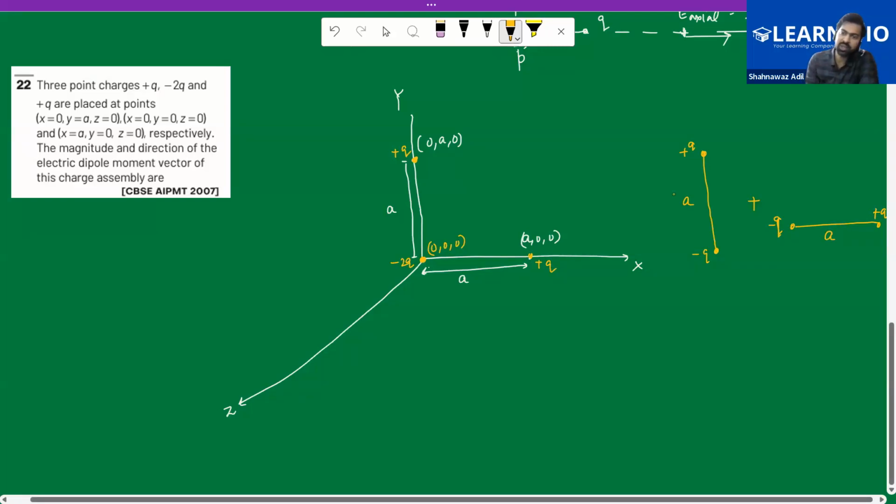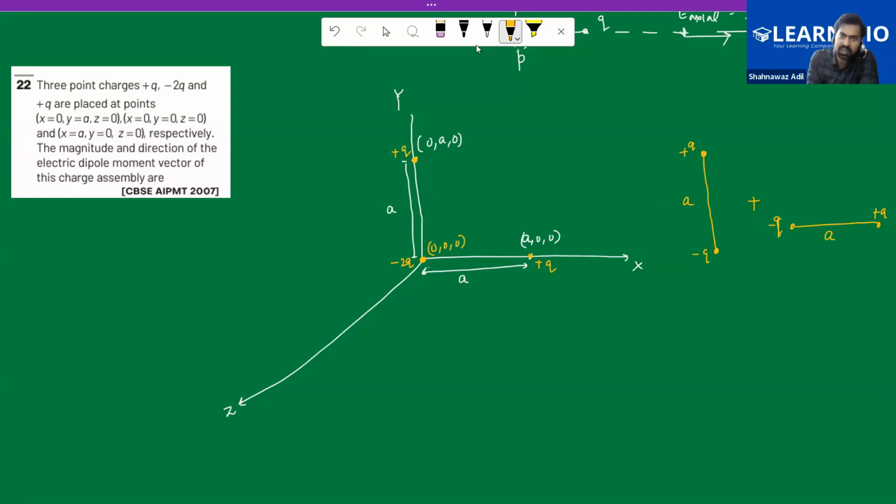So these are the two dipoles, one in this direction and the other in this direction. Let's say this is P1 dipole moment and this is P2 dipole moment. Is it clear?